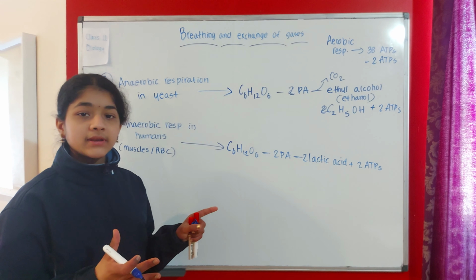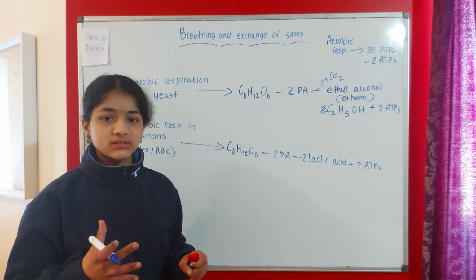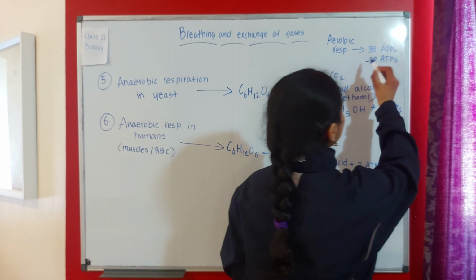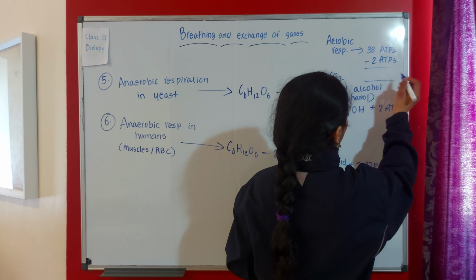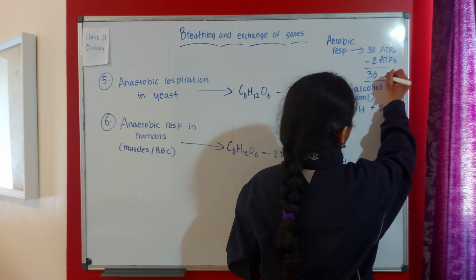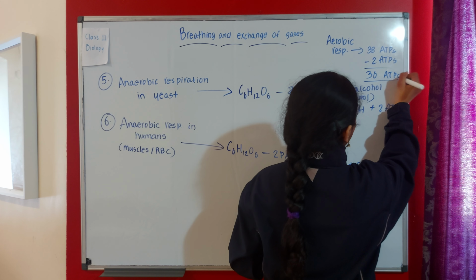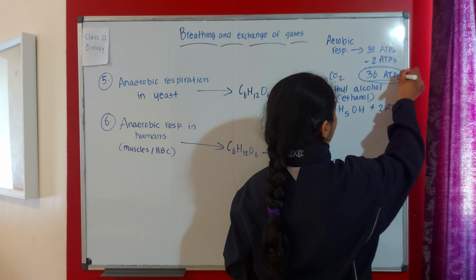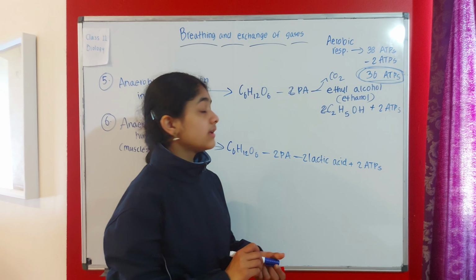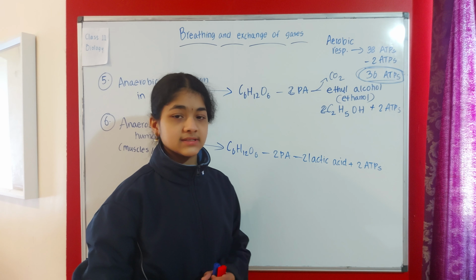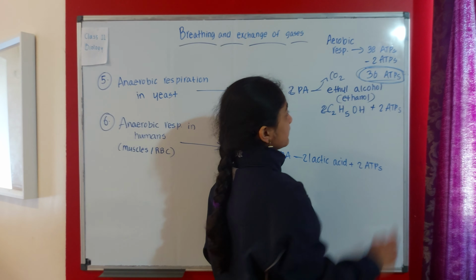In anaerobic respiration, 2 ATPs are used up. So we write 38 ATPs minus 2 ATPs gives 36 ATPs, and this is the number of ATPs at the end. So we are left with 36 ATPs. This is the last product that we get.